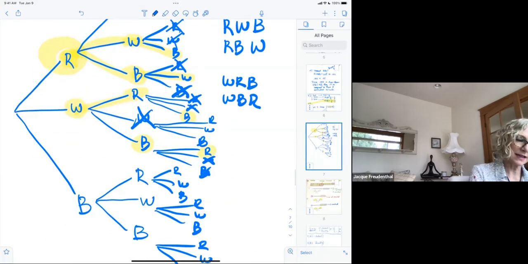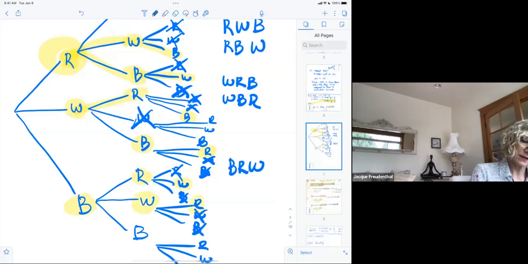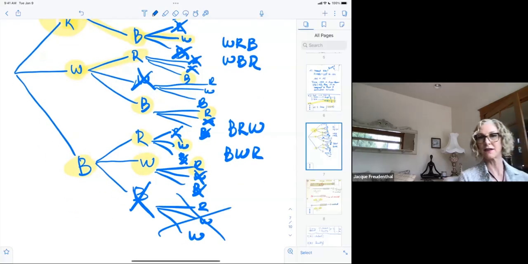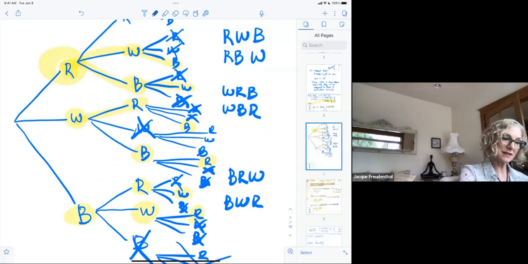Okay, and then my last options here are starting with blue, blue, then red, then white. So blue, red, white, or blue, white, and then red. I already have blue, so I would not even consider that next layer. So I came up with the 6 ways.